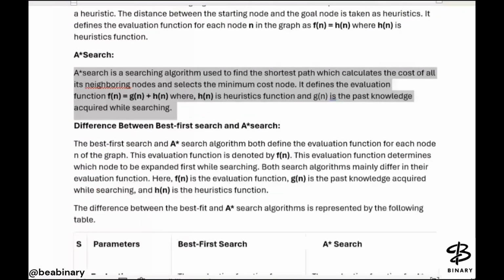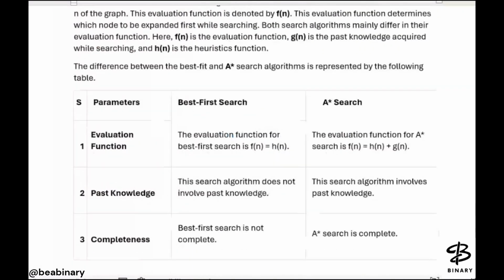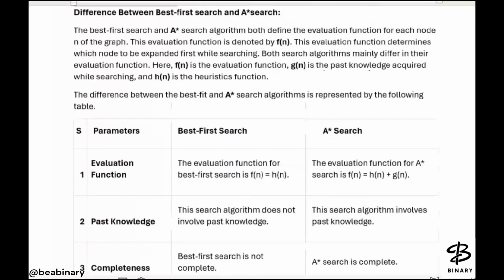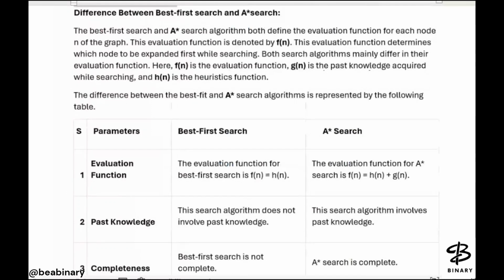So what is the difference between A asterisk and the BFS? They both work on the evaluation function, and they both define the evaluation function for each node n of the graph, denoted by f(n).